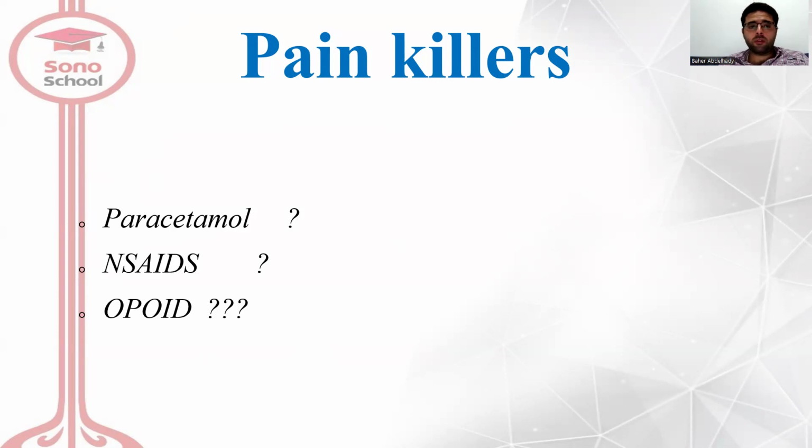Non-steroidal, what do you think about non-steroidal in this patient? This patient has diabetes and hypertension. Maybe has diabetic nephropathy, hypertensive nephropathy. So this patient has a risk of acute renal injury with non-steroidals, or renal impairment, in addition to gastric ulcer. What about opioid?